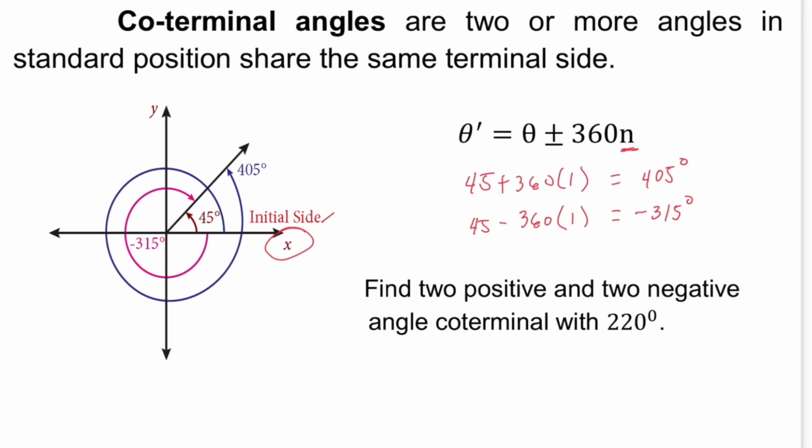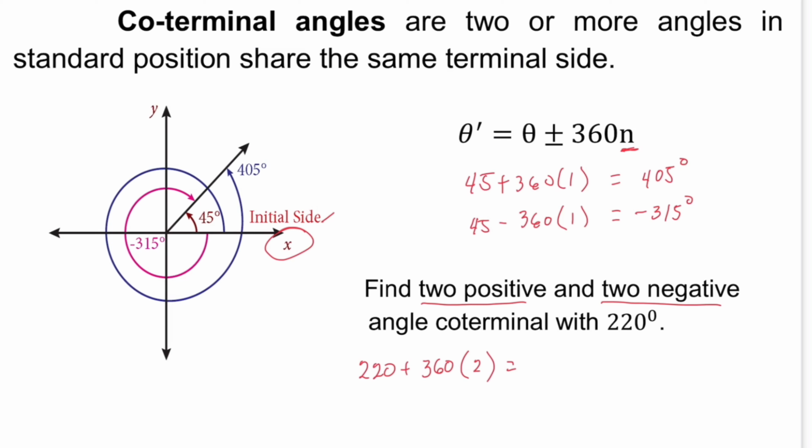So, punta tayo dun sa dalawa. So, find 2 positive and 2 negative angles coterminal with 220 degrees. So, ibig sabihin, dalawang positive revolution at saka dalawang negative revolution. So, the same formula, kung positive muna siya, this will be 220 plus 360 times 2.